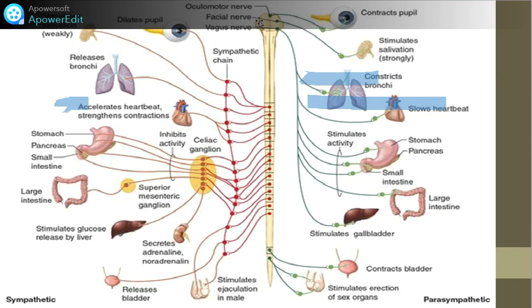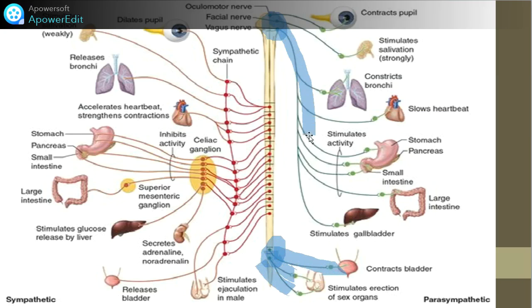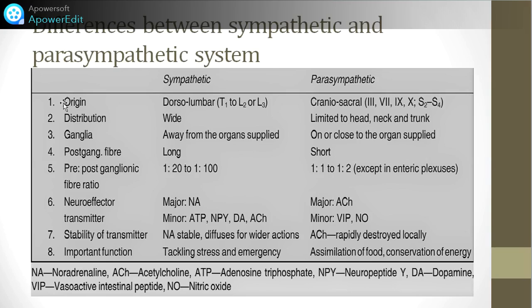In this image you can see this is cranial portion and this is sacral portion of the spinal cord. So this is origination of parasympathetic system from cranial and sacral portion. Therefore you can see origin is craniosacral.